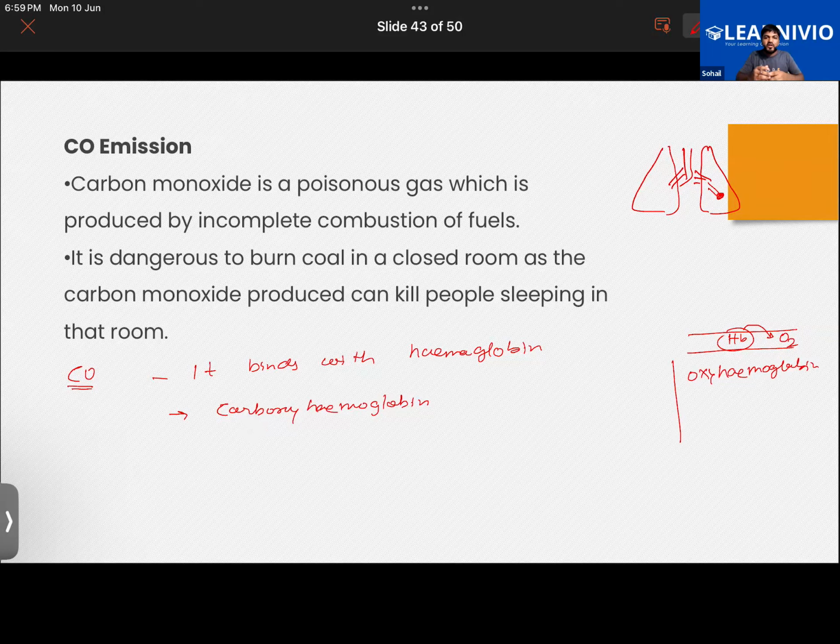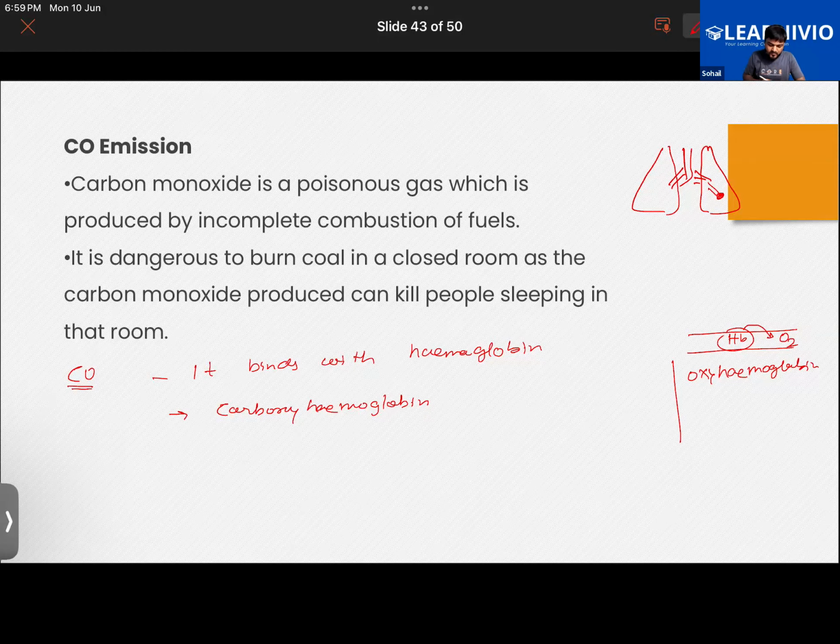So thereby your organs won't be getting sufficient amount of oxygen. So the most common effects of carbon monoxide gas exposure is that the person would be suffering from headache, he will feel a little bit confused, or he will be suffering from dizziness due to inadequate supply of oxygen to different organs, particularly to the brain. If your brain does not get sufficient amount of oxygen, you will suffer from dizziness, or you will be developing headaches.